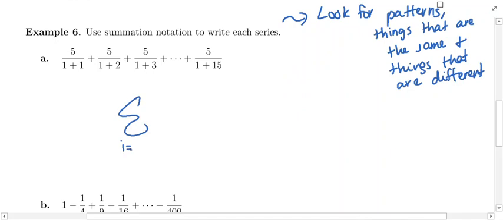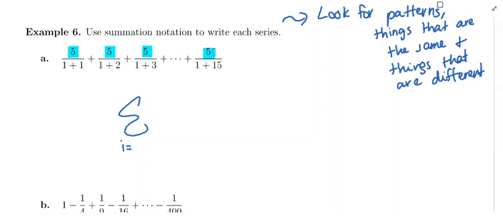Again, we're working on the expression that determines each term. The terms are the pieces separated by the addition symbols. Each term has a 5 in the numerator. That is something that's constant. It's not changing from term to term.